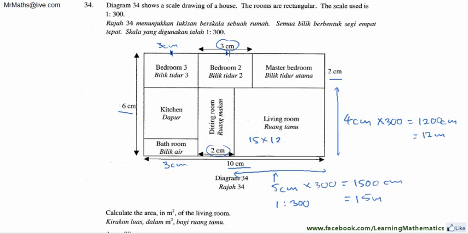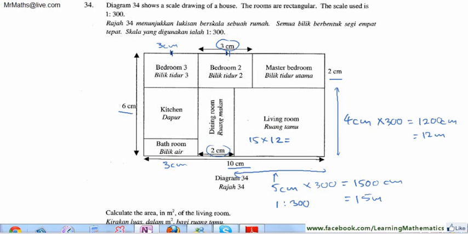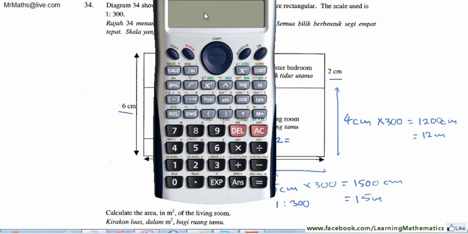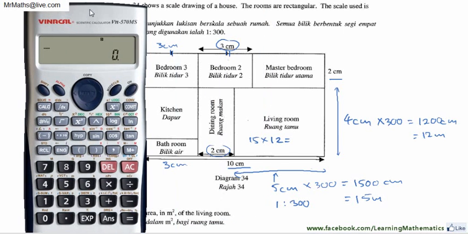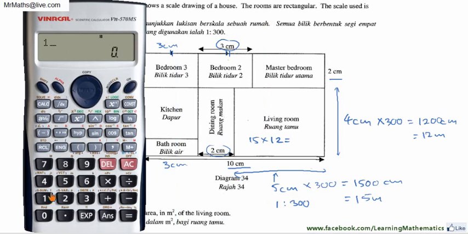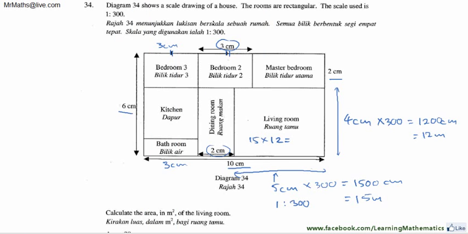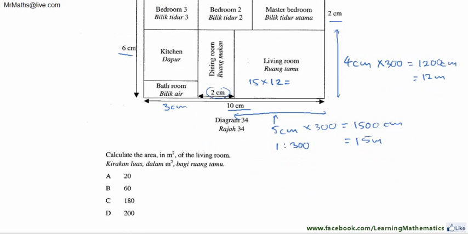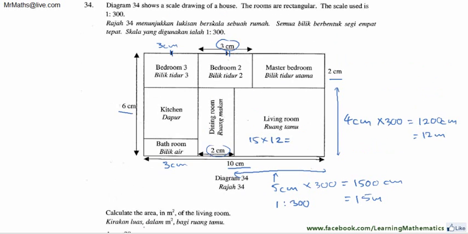Let's use our calculator. Fifteen times 12 is 180. The answer is C for number 34.